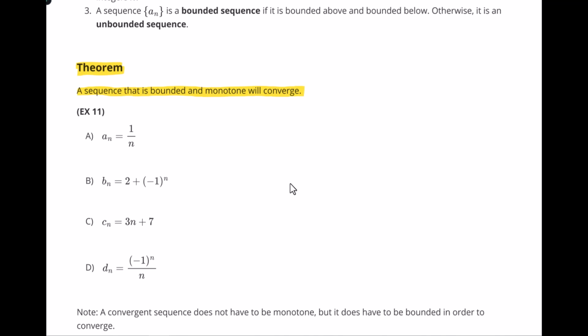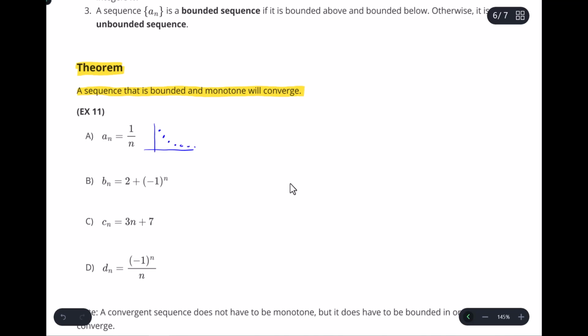Be careful, because this is not a two-way street. It does not mean that if we have a convergent sequence that it is both monotone and bounded. And I'll show you an example. But if it is bounded and monotone, it will converge. So for instance, the sequence 1 over n, which we saw as a sequence like this.